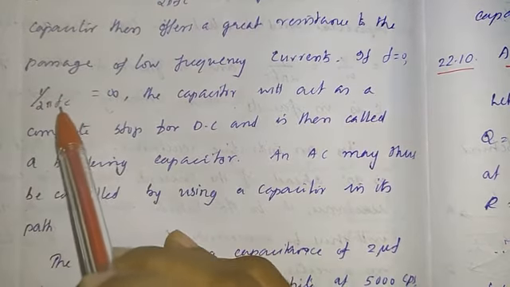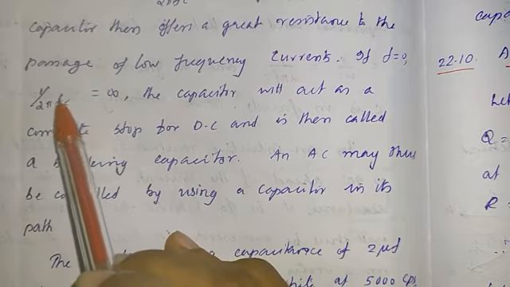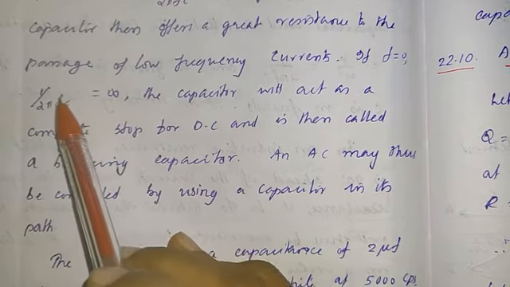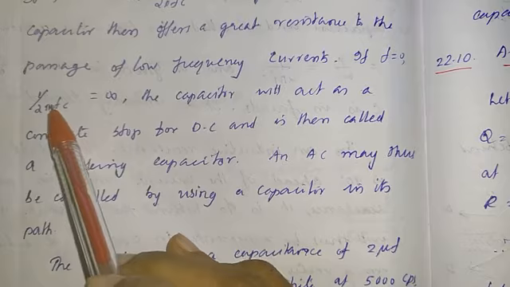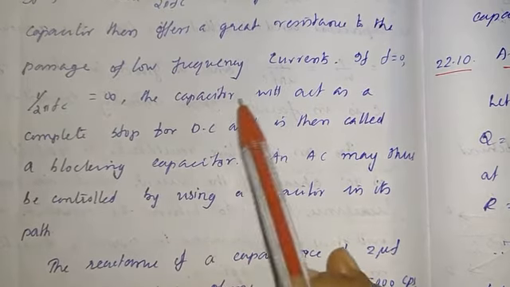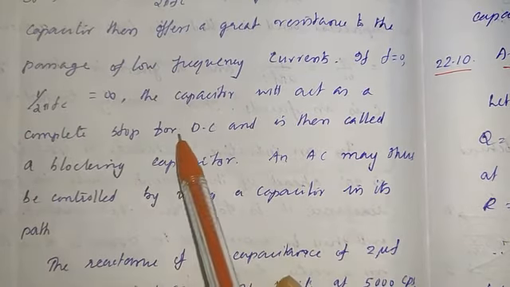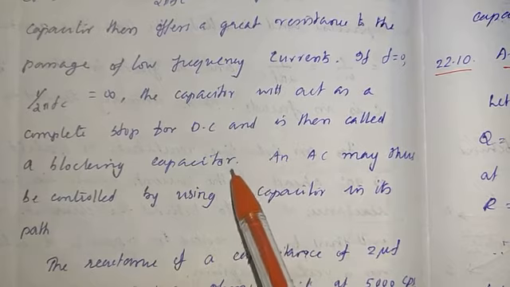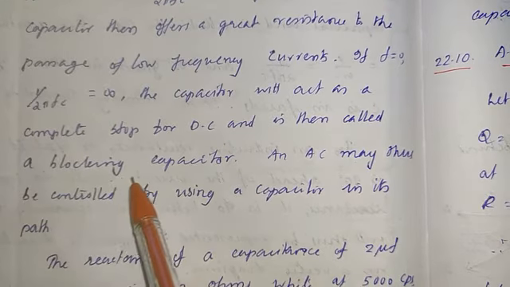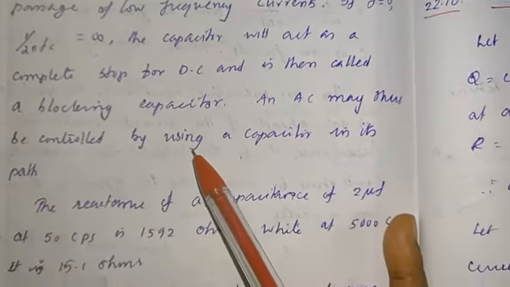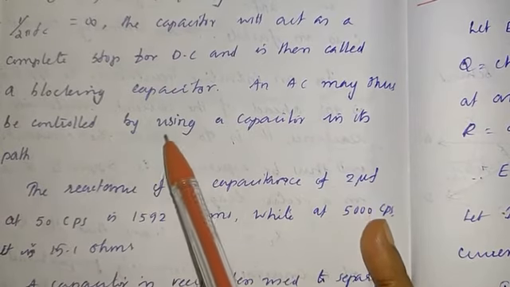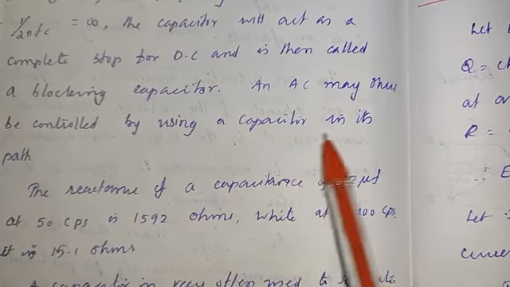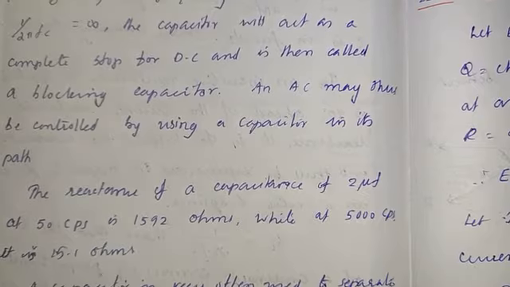F equal to 0 means the frequency of the applied EMF is 0, that means the applied EMF is purely DC. So the capacitor will act as a complete stop for DC, means it blocks DC current and is then called a blocking capacitor. An AC may thus be controlled by using a capacitor in its path.